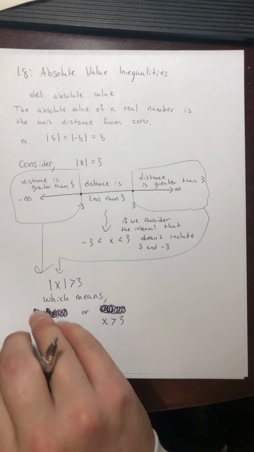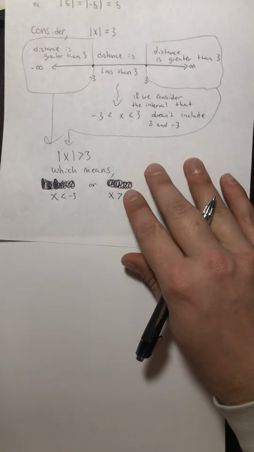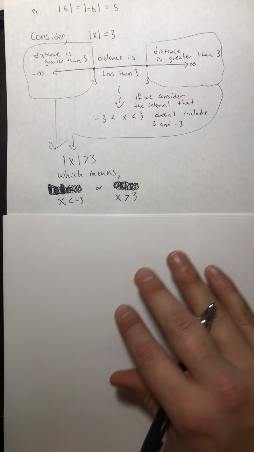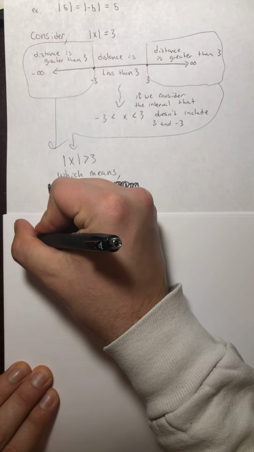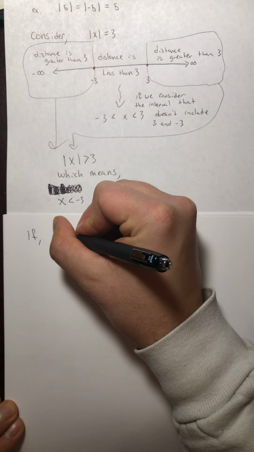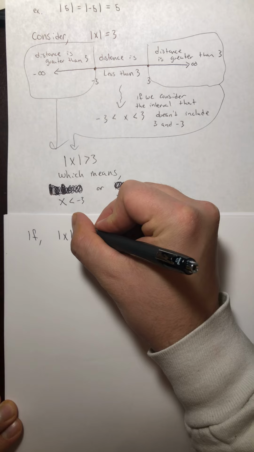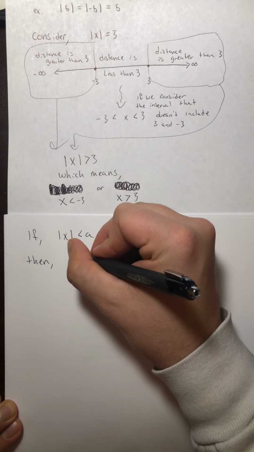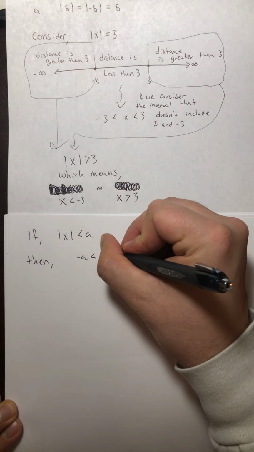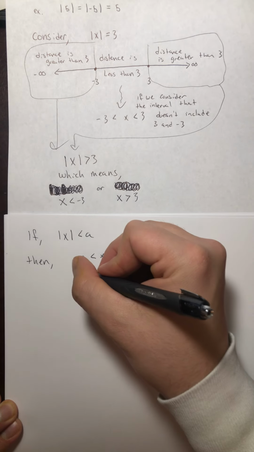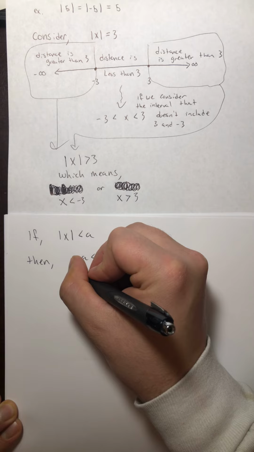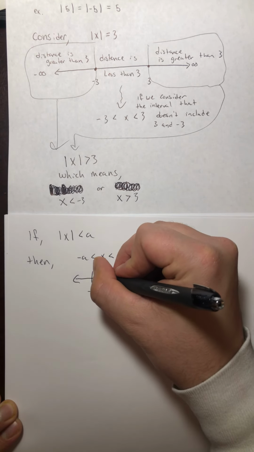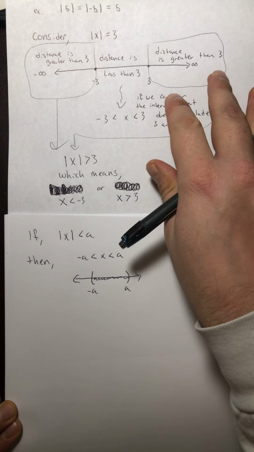Now, on a number line, if the absolute value of x is less than a, then that means negative a is less than x is less than a. We would sketch the number line like this.